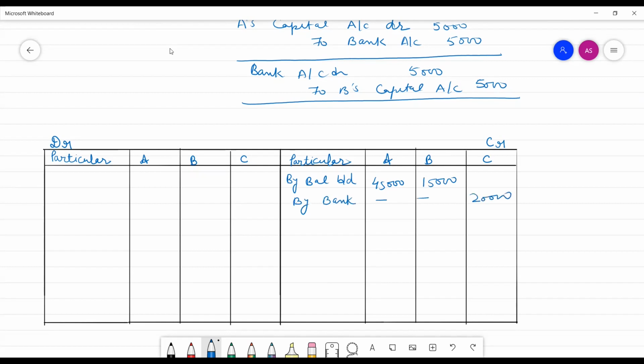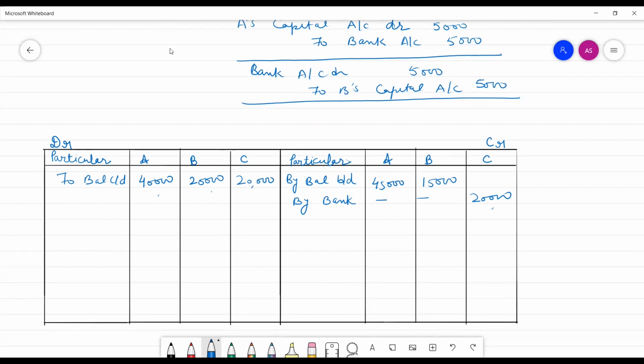After adjustment, we came to know that the balance of A should be 40,000, B should be 20,000, and C also 20,000.